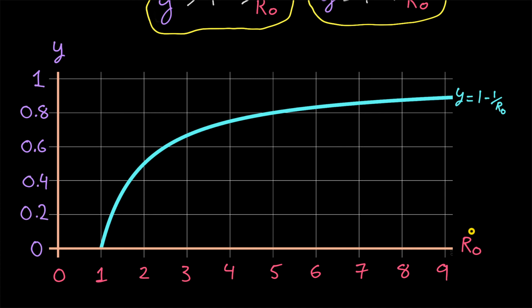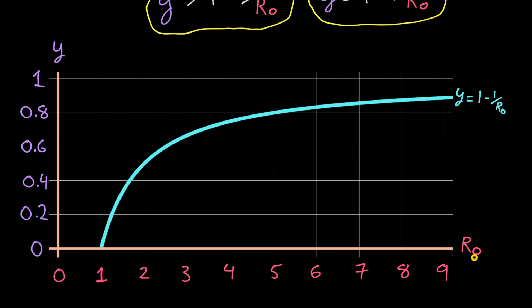Now, another thing that affects R naught, or the basic reproductive number, are the characteristics of the population. So some populations, for instance, might have a higher rate of social contacts. Some populations might live in higher density housing, for instance.